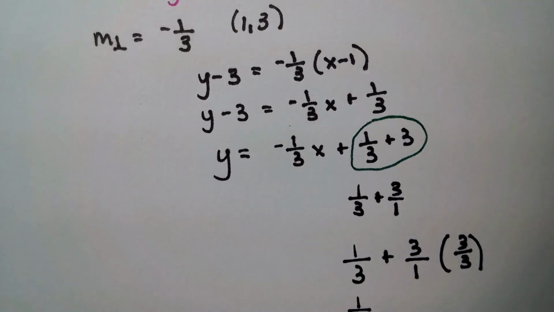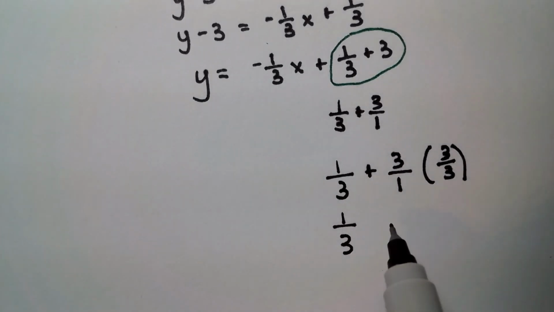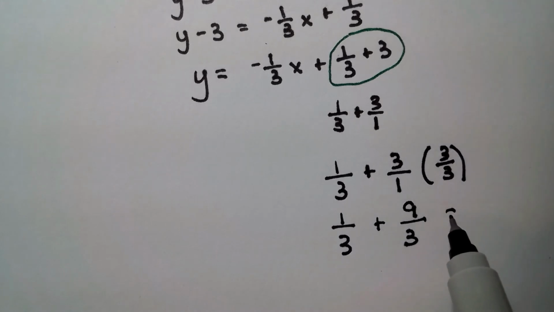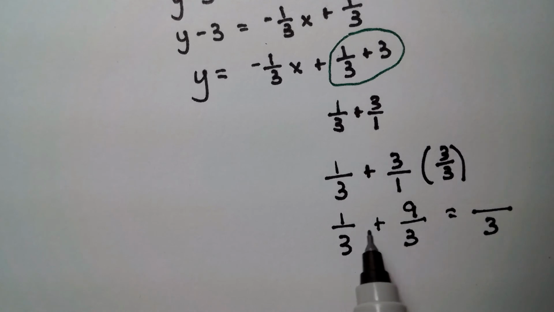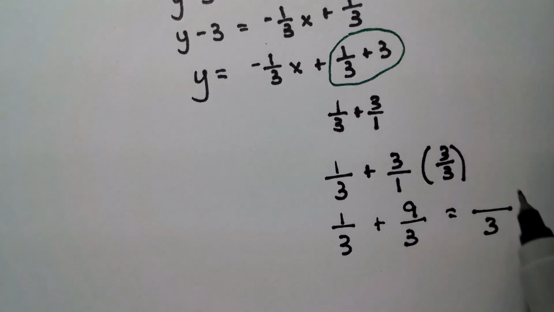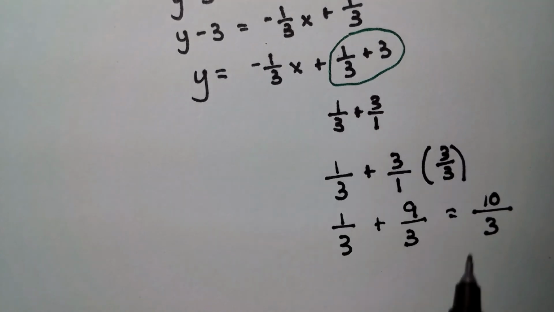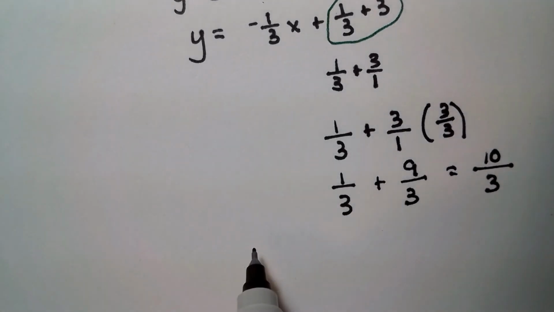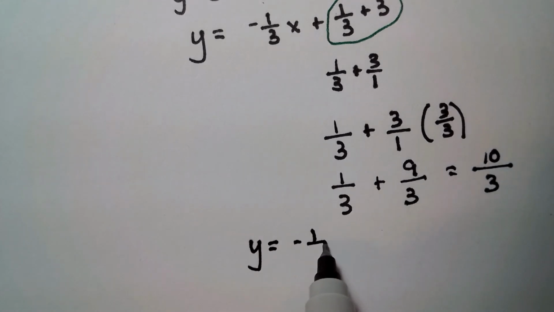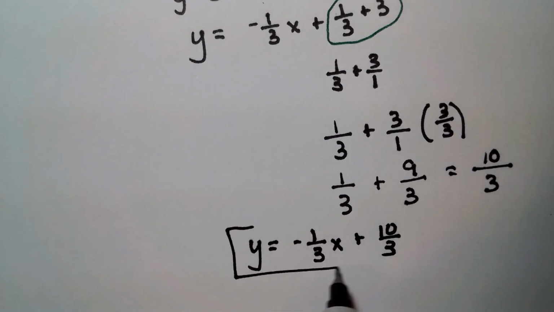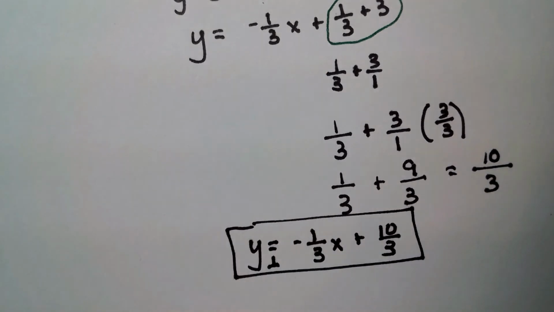That gives me 1/3 plus 9/3. Now my denominators are the same, so I can add the tops. 1 plus 9 is 10. So this number is 10/3. The equation is y equals negative 1/3 x plus 10/3. This is the equation of my perpendicular line.